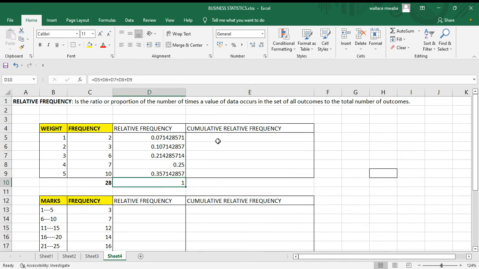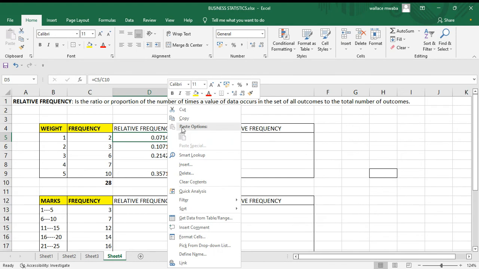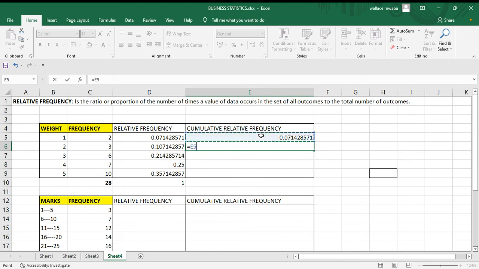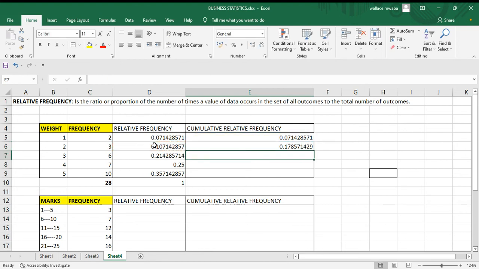So now let's get the cumulative relative frequency. Basically, we'll be adding up all these relative frequencies in succession, and we still have to come to 1. Our value has to give us 1. So we're going to start. First, our first cumulative frequency is 0.07. And we're going to add it with 0.10, which gives 0.107.